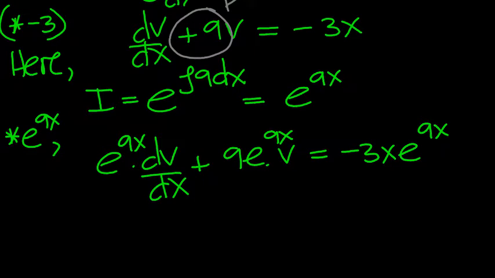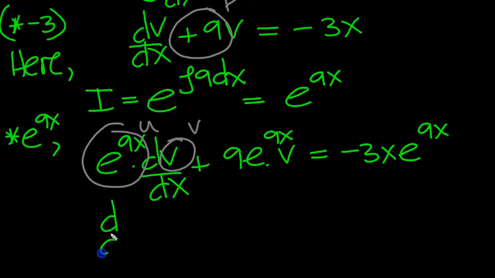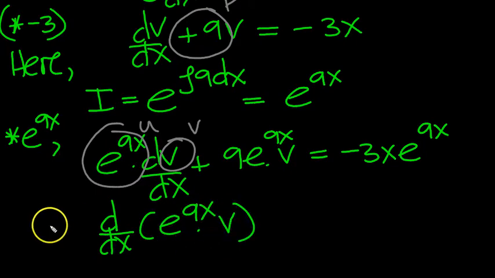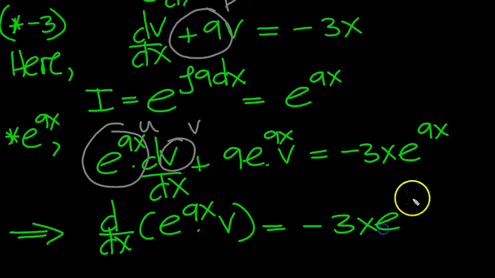Okay, circle u and v. We can have an integration by parts on the right hand side, can't we? There's u and there's v. So we can now write this as d by dx of u times v, that's a 9, is equal to minus 3x e to the 9x.